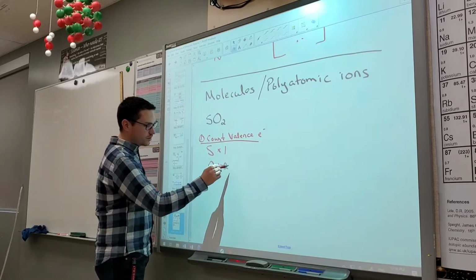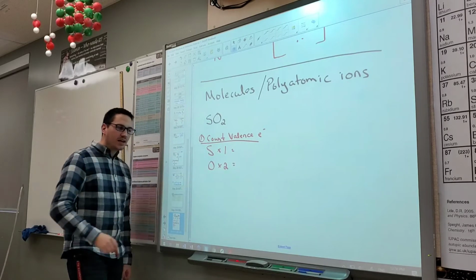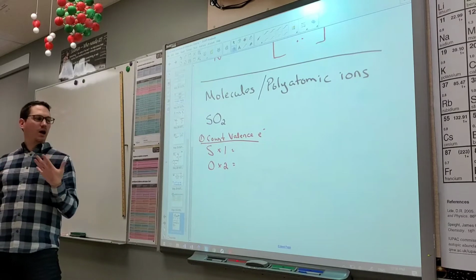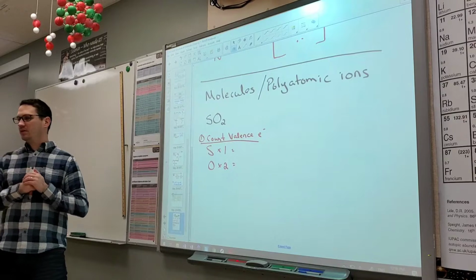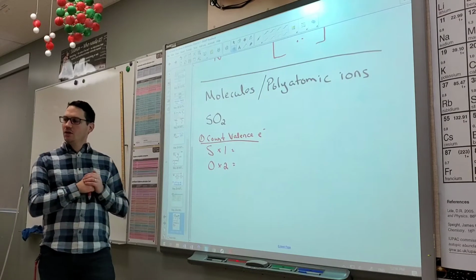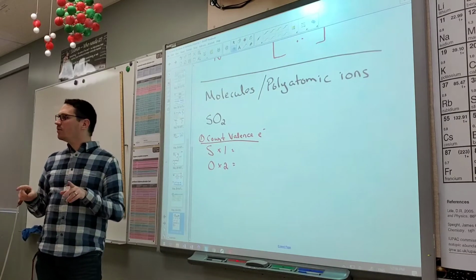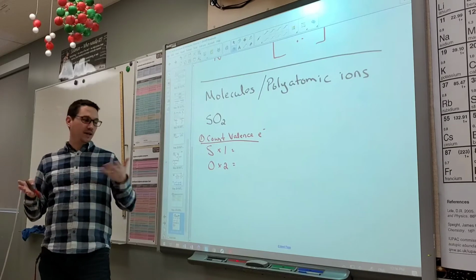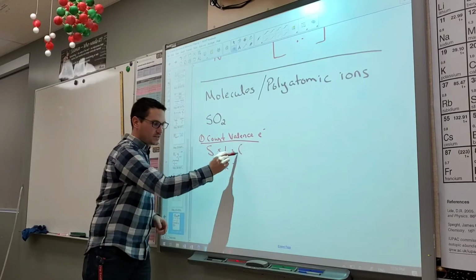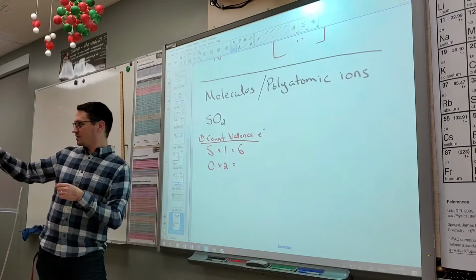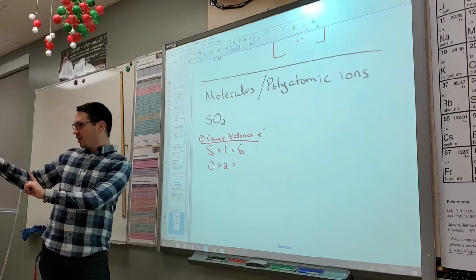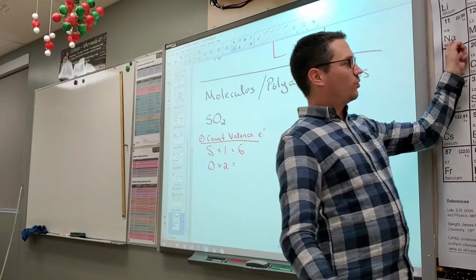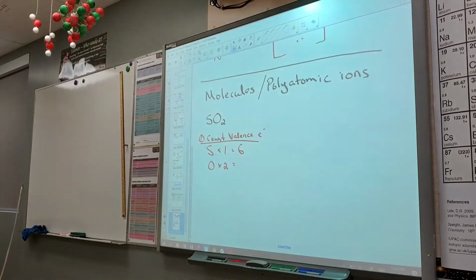Two. If I had one S, how many valence electrons would that be? Remember, we only care about valence electrons. This is 6, right? One sulfur is 6 valence electrons. 1, 2, 3, 4, 5, 6, right?